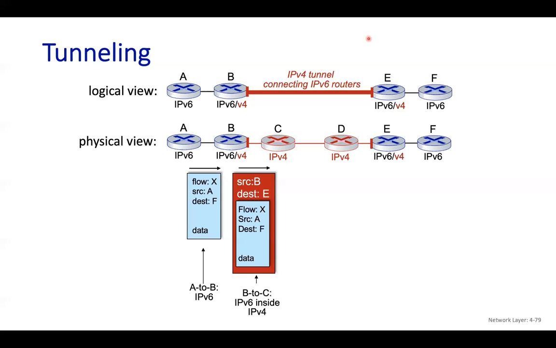So you need to have a global view, right? So B will not know D is the last one, but he definitely knows that before E, there is some router that is the last router for IPv4, and E is the first IPv6 back in the path. Does it make sense? You have to have some global information.